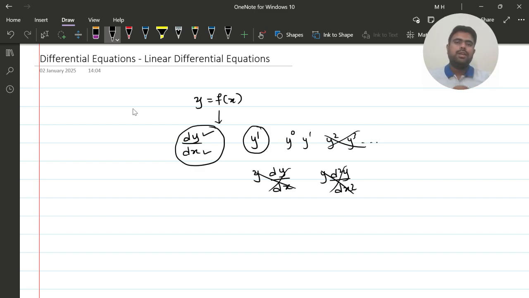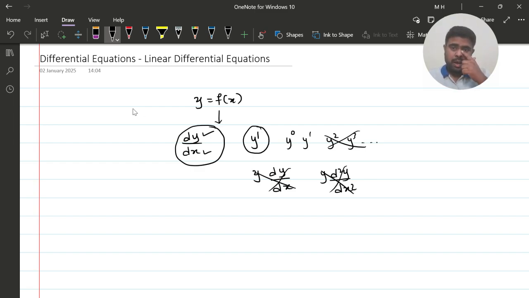So how do we define a linear differential equation? This definition is not given in the textbook. I will give the textbook definition a bit later, but just to understand, we will define it now. A linear differential equation is that differential equation in which the highest power of the dependent variable is 1 and there are no products of the dependent variable and its derivatives.